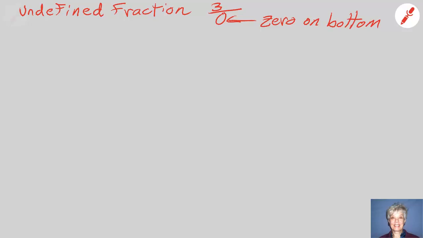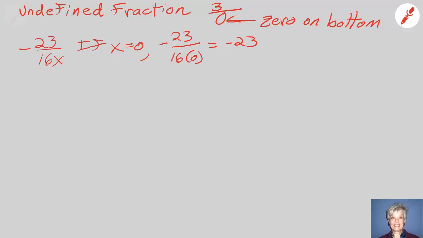So let's look at negative 23 over 16x. If x equals 0, then you'll have negative 23 over 16 times 0, which will be negative 23 over 0, which will be totally undefined.